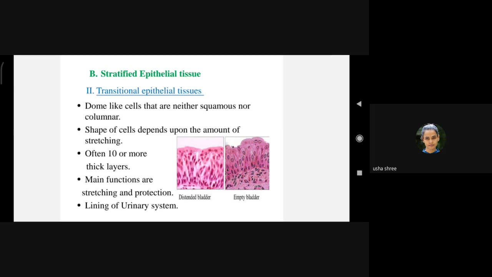So we can imagine that the bladder stretches when it gets filled with urine. So it needs to stretch. There we can find this transitional epithelium tissue where cells are dome-shaped and they vary according to the amount of stretching it is getting.